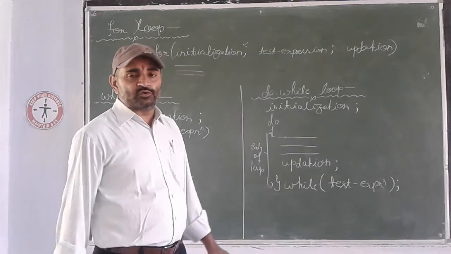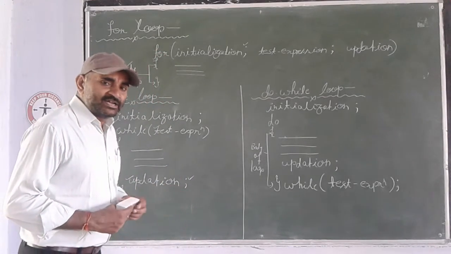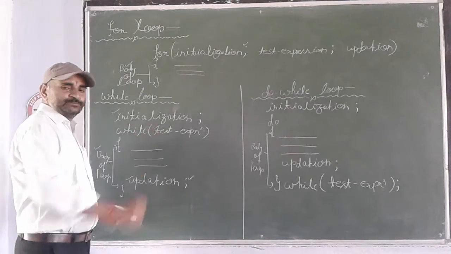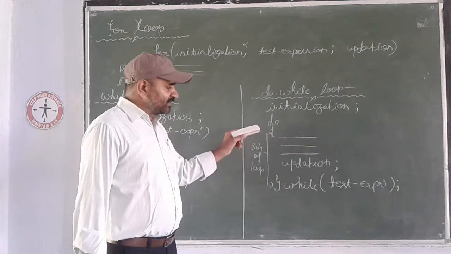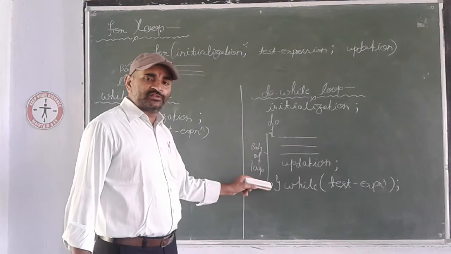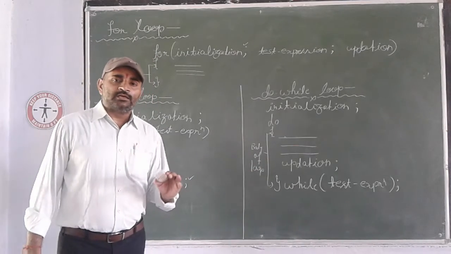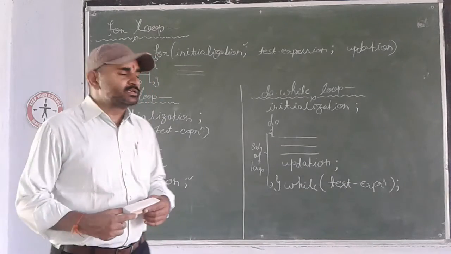One thing you have to notice: in the while loop the condition is given before the body of the loop, and in the do while loop the condition is given after the body of the loop. Due to this, we recall the terms entry controlled and exit controlled.